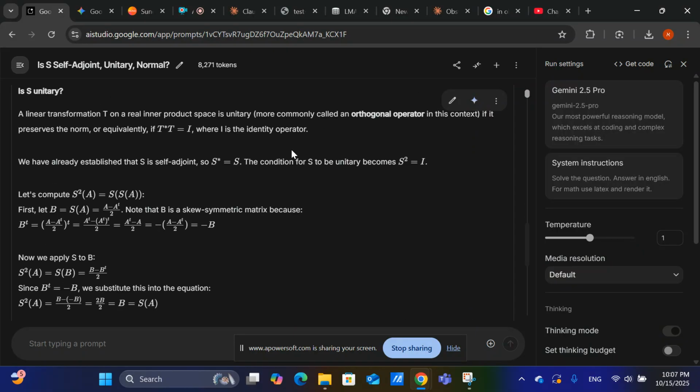What about unitary? Unitary means that T star T equals I, namely T star, the adjoint, is the inverse of the transformation.